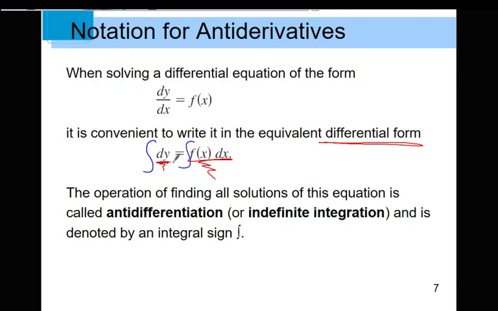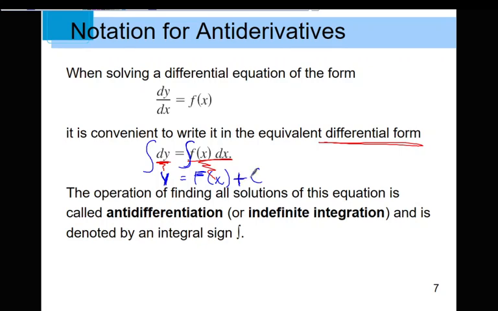You're going to integrate both sides. The antiderivative of dy is y, and the integral of f of x dx is capital F of x plus c.